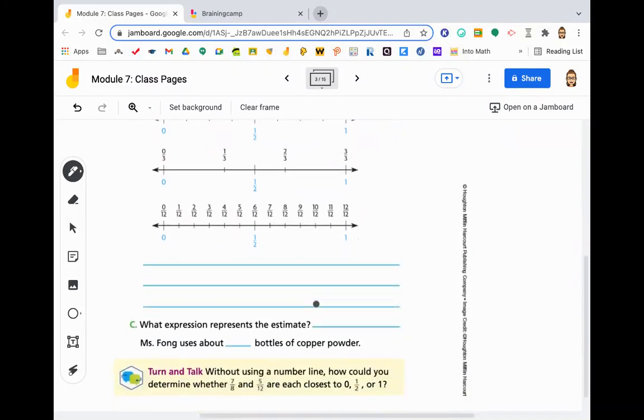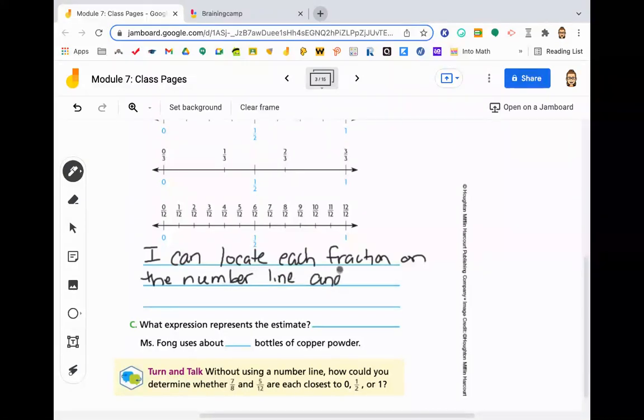Well, I can locate each fraction on the number line and determine the closest benchmark.